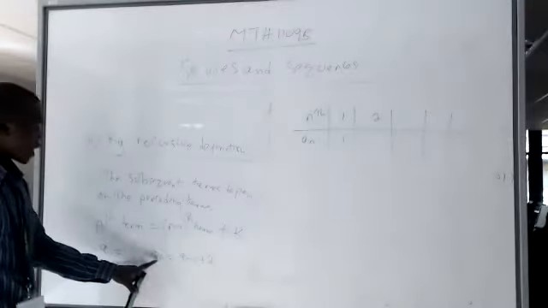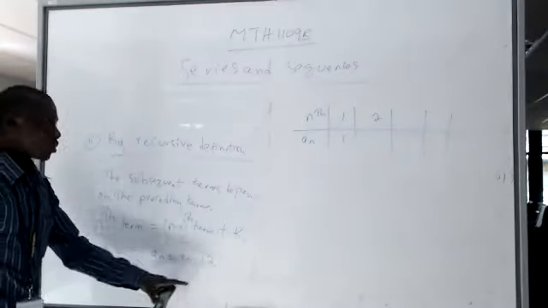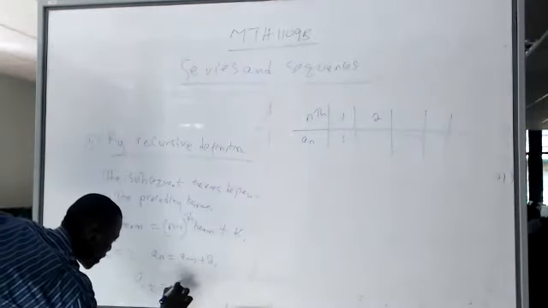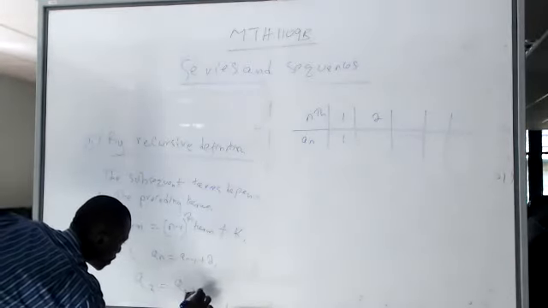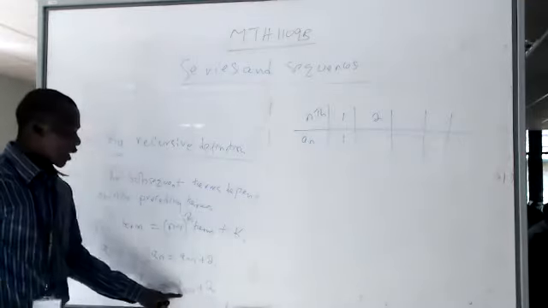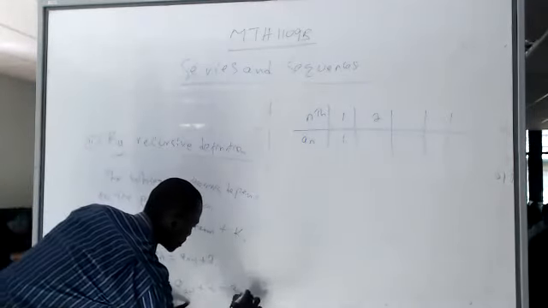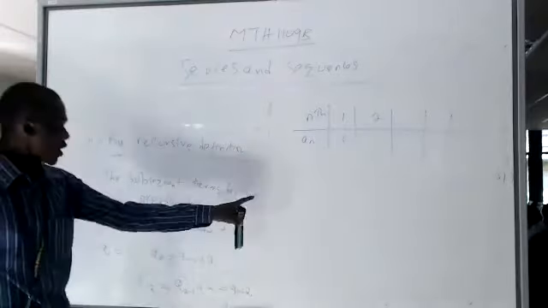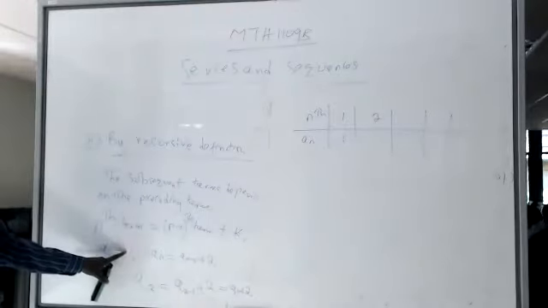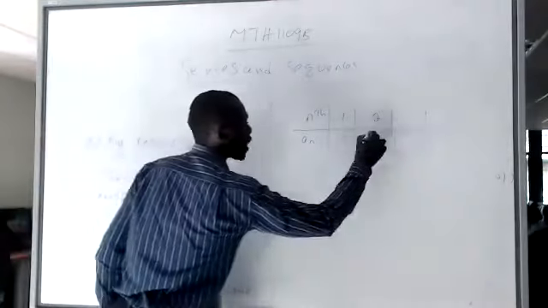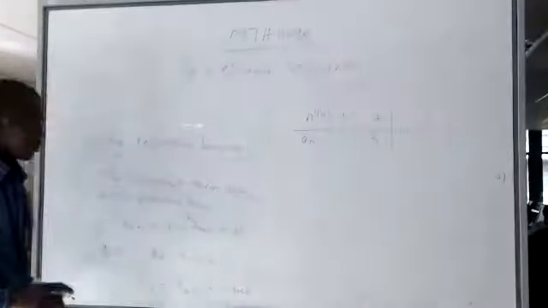The formula says an is an minus 1 plus 2. So A2 will be A2 minus 1 plus 2. 2 minus 1 is 1, so this should be A1 plus 2. But we have A1 given as 1. So that means A2 should be 1 plus 2. So here we will have 3.